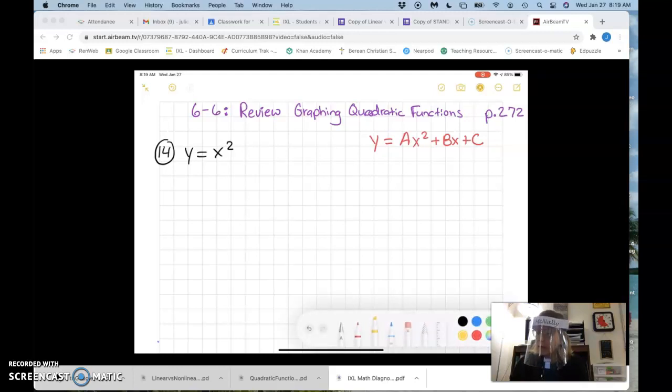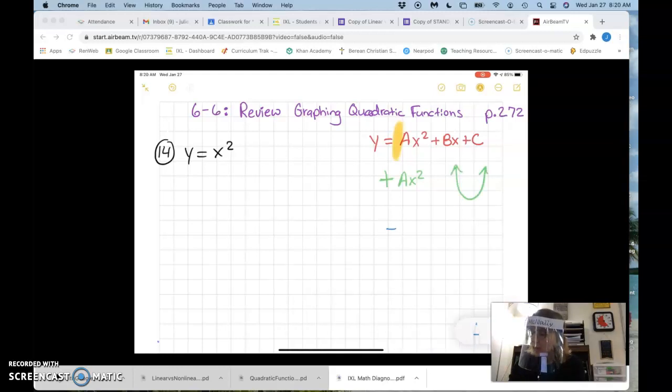Look at the sign that's on the x squared. If the sign is positive, the parabola is going to open up.